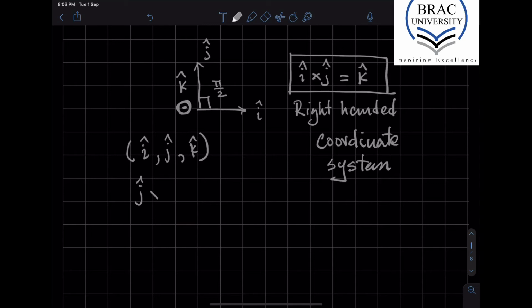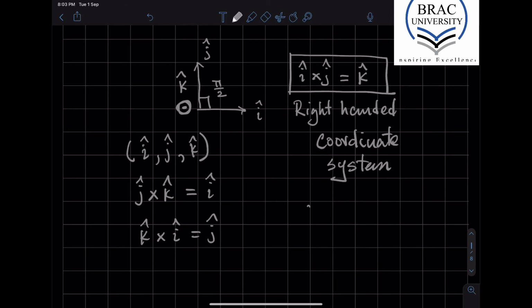So j cross k will be given by i, and similarly k cross i will be given by j.